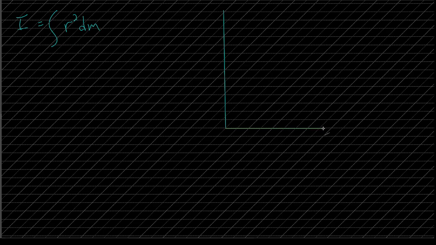Right, rotation about an axis is a trick we've played before and we can continue to play. Put Z up there, Y over here. Let's give ourselves a little mass element. Let's see here.